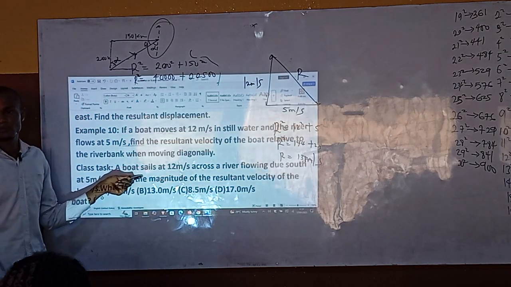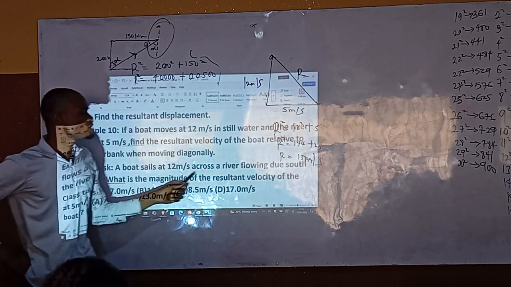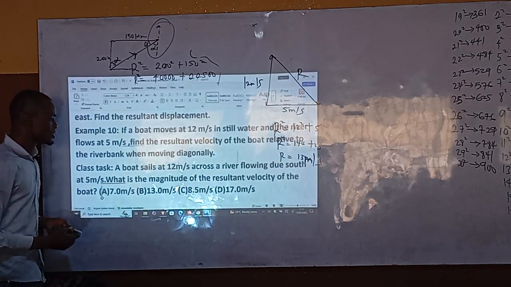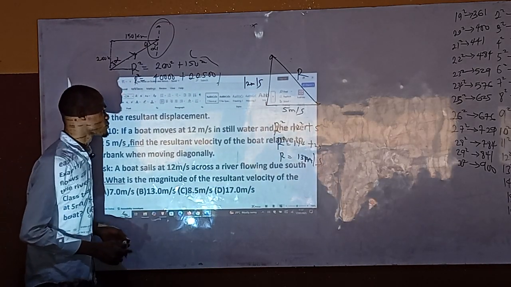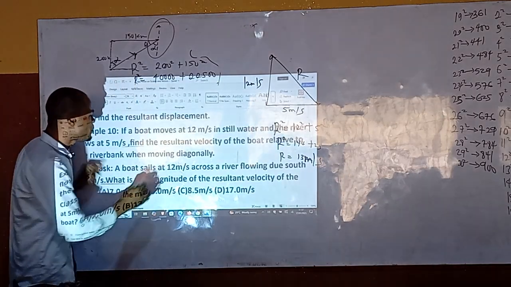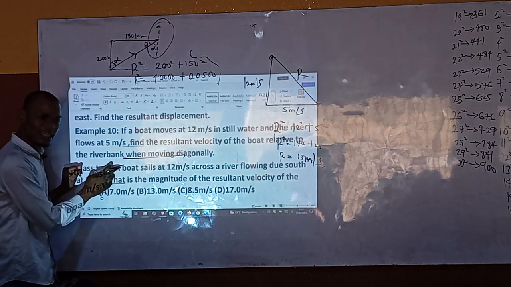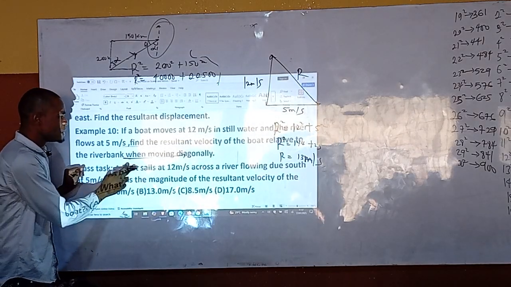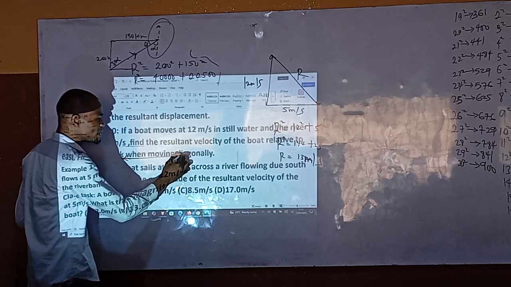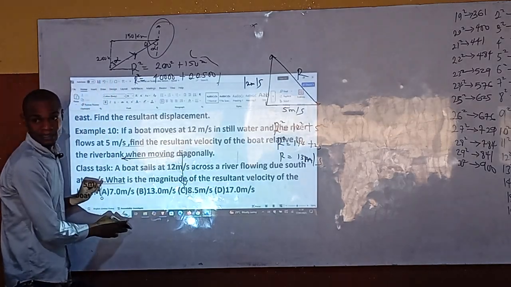A boat sails across a river flowing due south at 5 meters per second. Now look up. I told you if a boat is flowing like this, they didn't tell you the direction, isn't it? Assuming a boat is flowing like this, the river will be going down, isn't it?